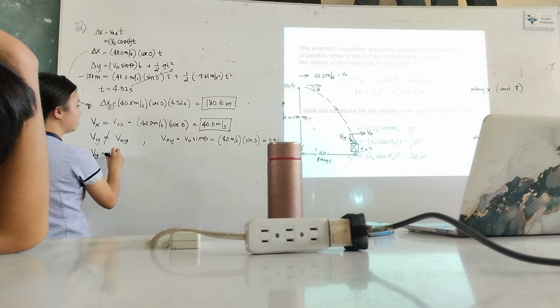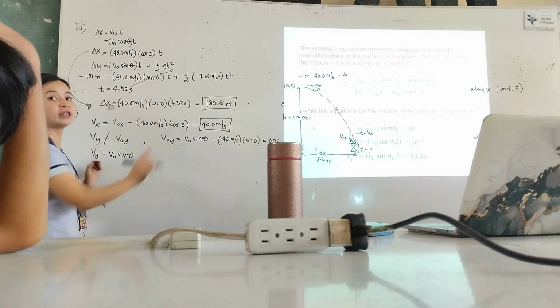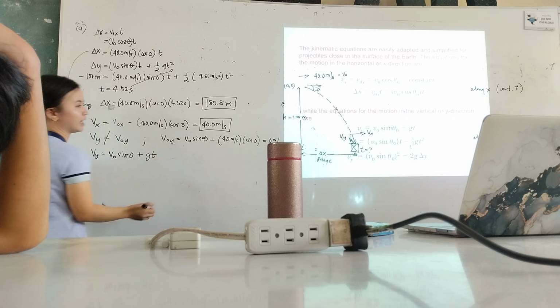So Vy is V0 sine theta, same as before, but with the influence of gravity, plus gt.